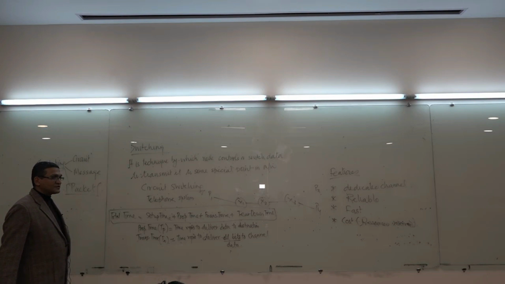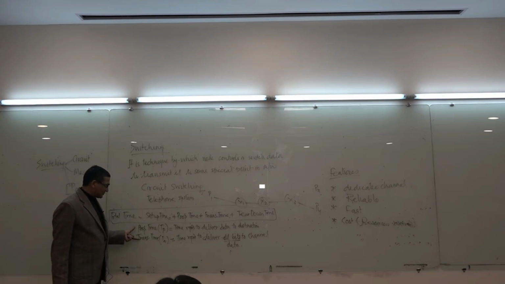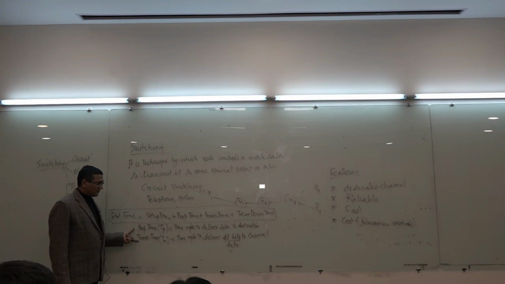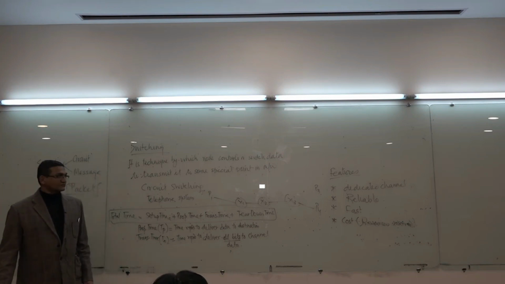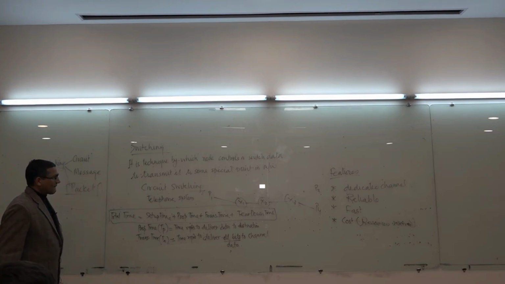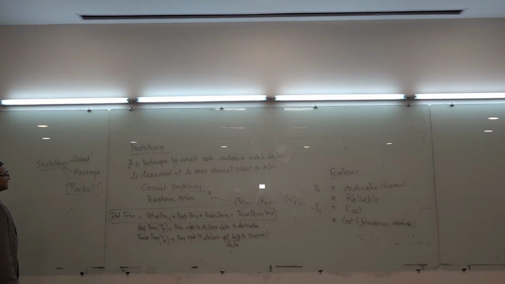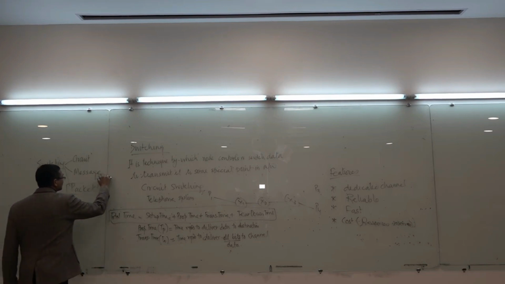This is called transmission time. So we'll keep these terms in mind, because we are having some numericals, and then we'll see what the impact of these terms is on the total time. Then the next is called message switching.